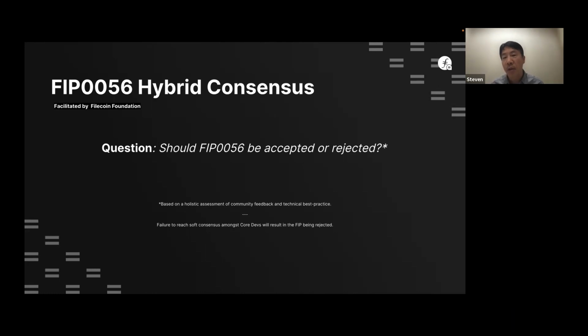Another thing I'm thinking about is that behind this discussion, people are thinking more about Filecoin Plus. There are many arguments and disagreements about Filecoin Plus.